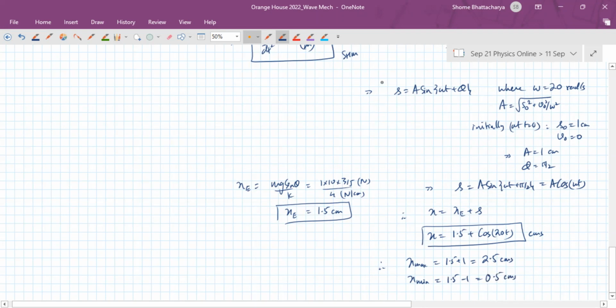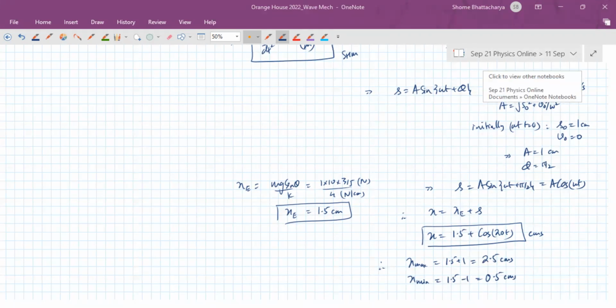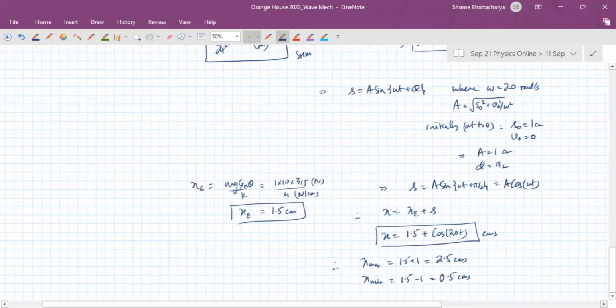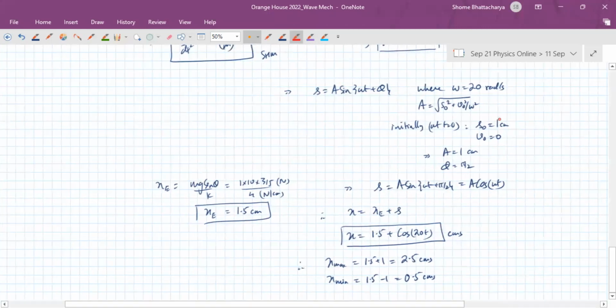However, this is not the answer to the third part. This is only the equivalent spring's maximum extension and minimum extension. That S naught is given as, okay, so you can see that from this equation, this is A sine phi and this is A cos phi.